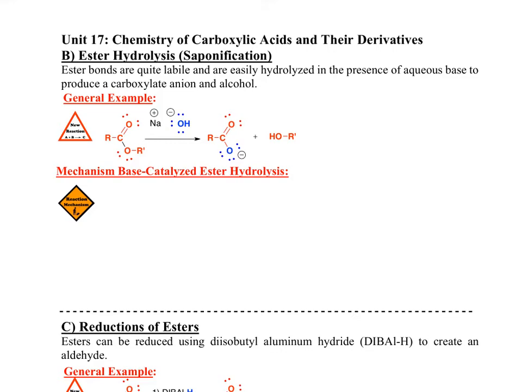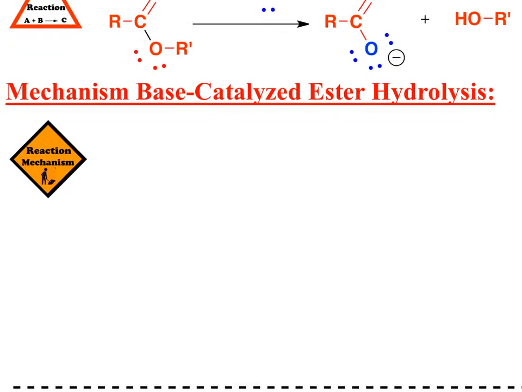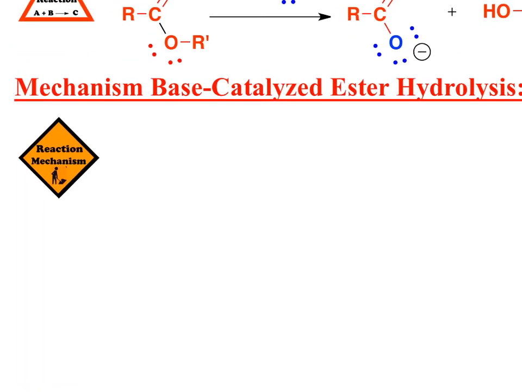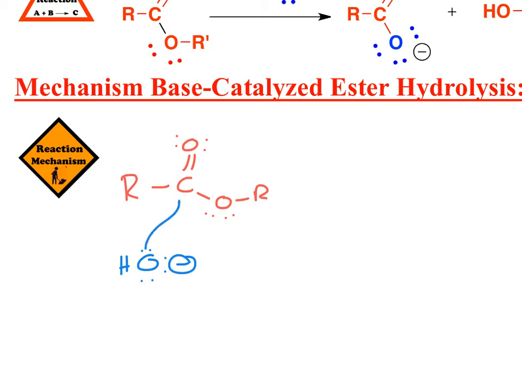So what's the mechanism of base catalyzed saponification? Well, here we've got our ester. Again, it can be a generic ester. This mechanism will work for all esters, or almost all esters. OR. And under basic conditions, we're going to have hydroxide. Our hydroxide is a nucleophile, and it will add to the carbon of the carbonyl.